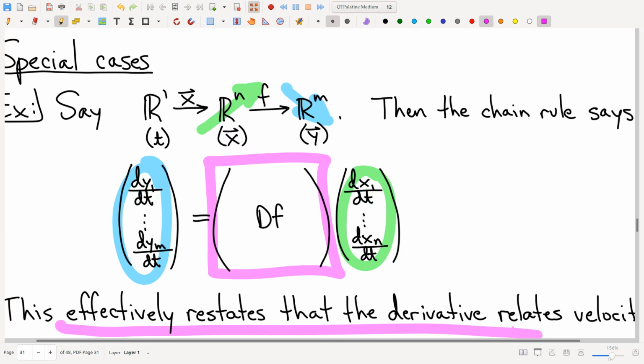So you said dx dt is velocity, right? Yes, that's right. This is the velocity vector of a parametric curve in Rn. And the blue one here is the velocity vector of the image parametric curve in Rm. Okay, that's right. All right.